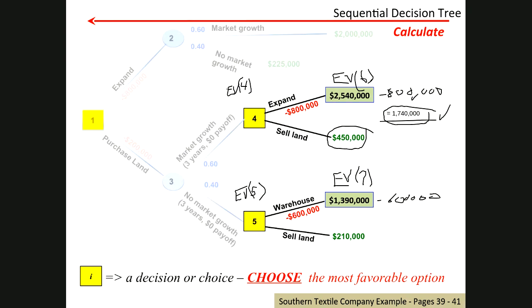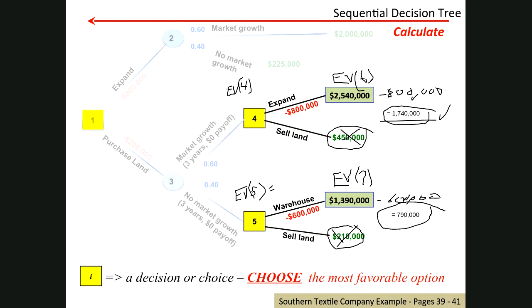And of course, that's going to be equal to, hopefully you've already done the arithmetic, that's going to be 790,000. And so then our choice is between 790,000 or 210,000. And of course, just like above, in this case, we would choose 790,000, which becomes our expected value at location 5.